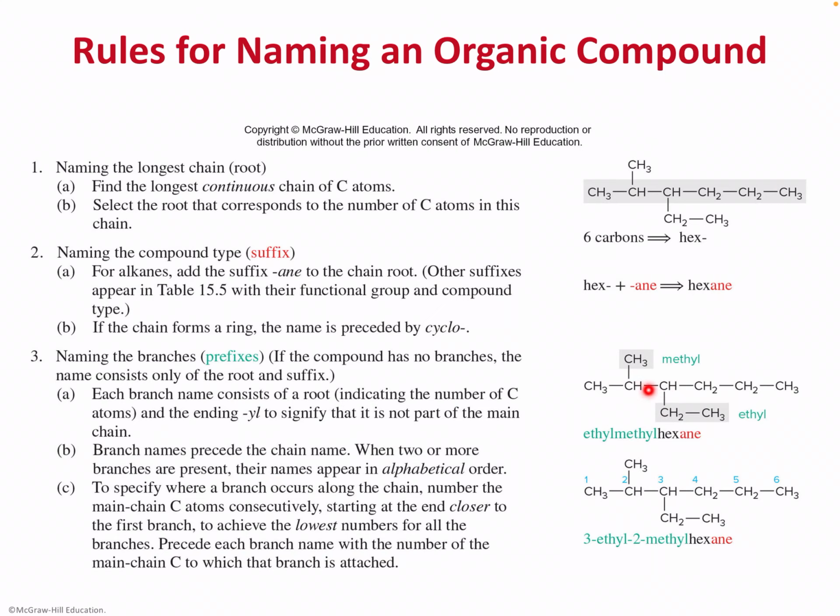So when we are numbering the main carbon chain, we always number so that the branches get lower numbers. If you come from here, it would be 1, 2, 3, 4. 4 and 5 positions will have methyl and ethyl. If you go from this side, 2 and 3 positions will have the branches. So you always choose the way that gives the branches lower numbers.